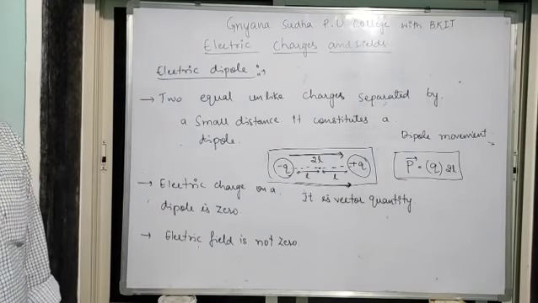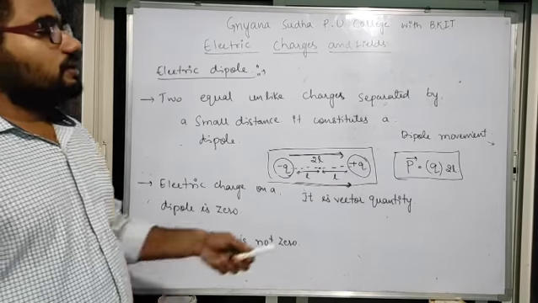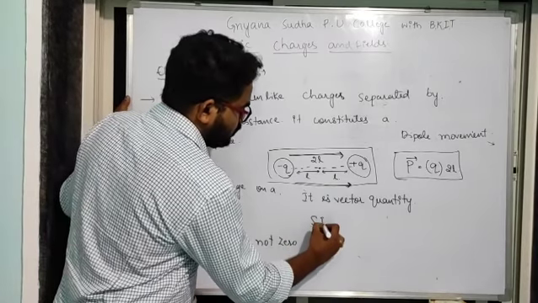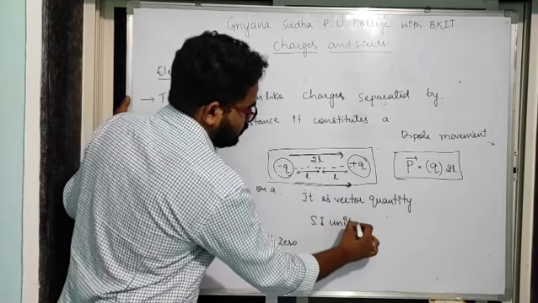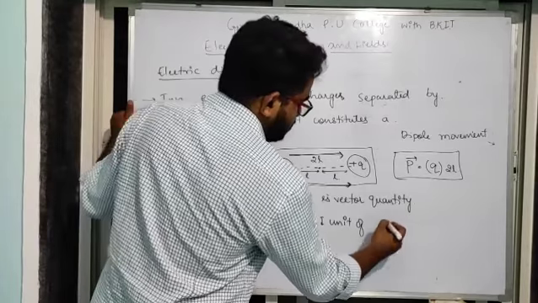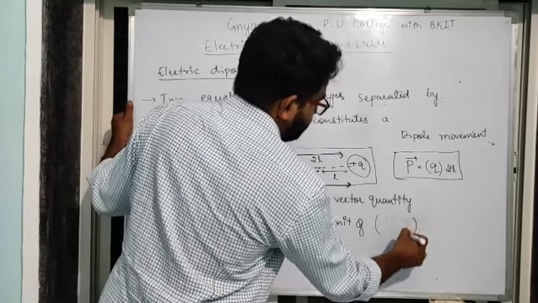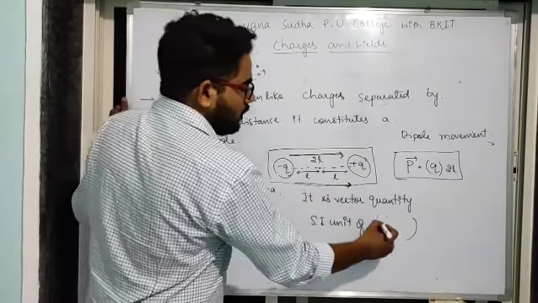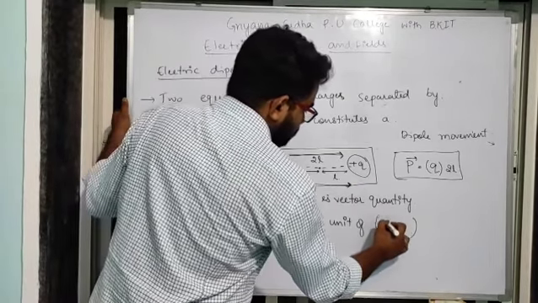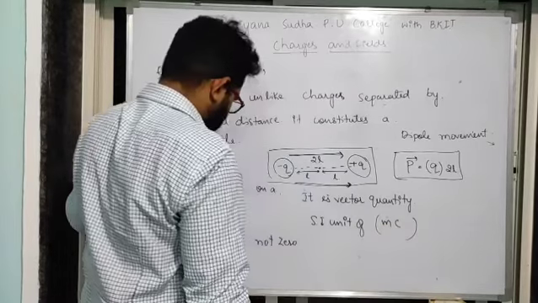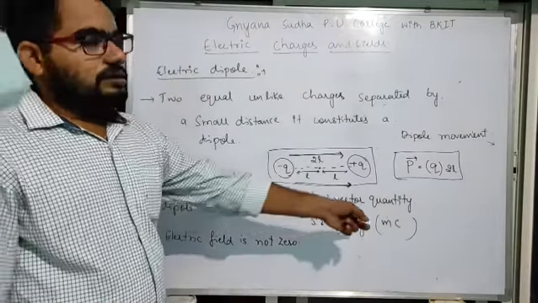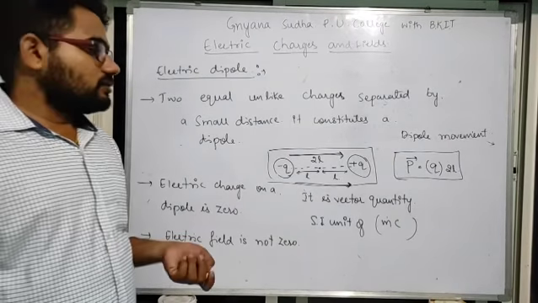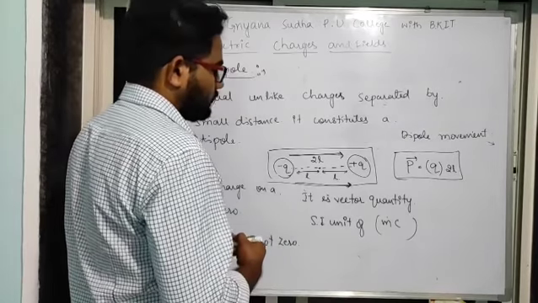And what will be the SI unit of dipole moment? This is charge coulomb and that is length in meter. Coulomb meter, or meter coulomb.